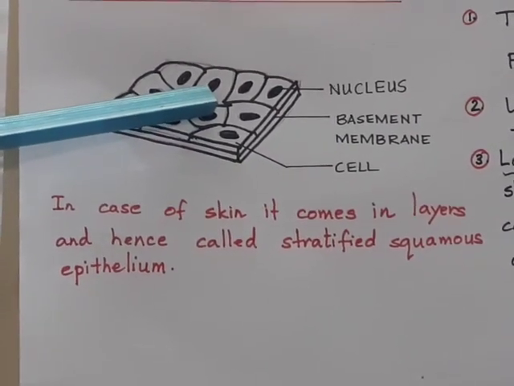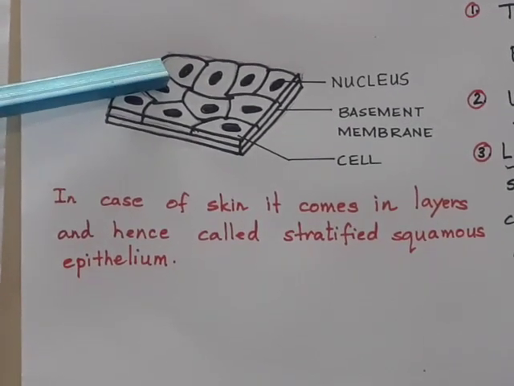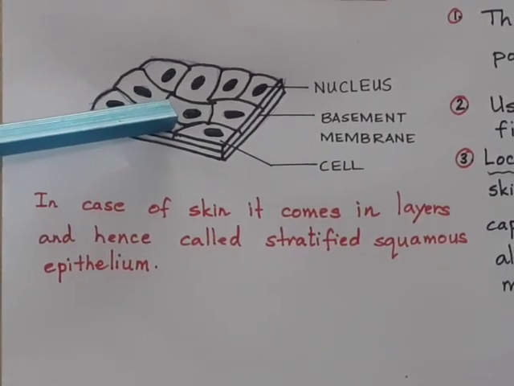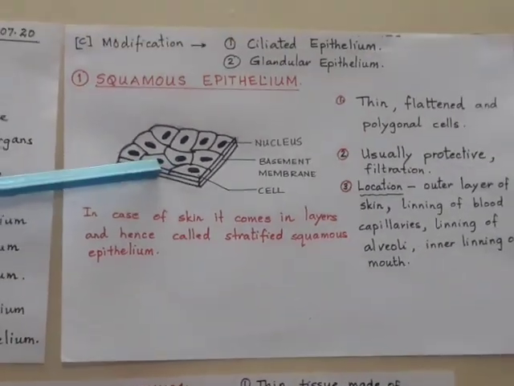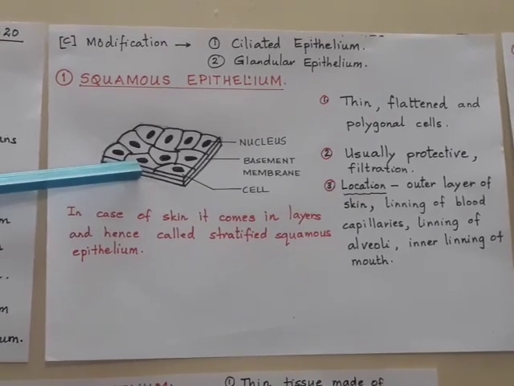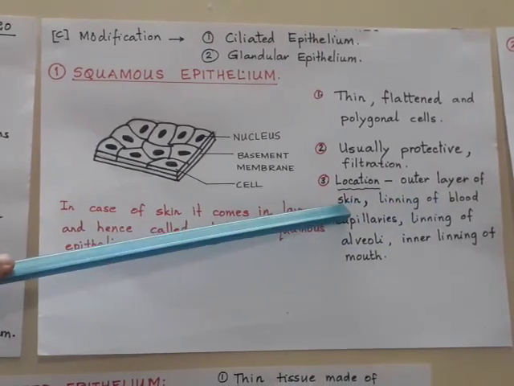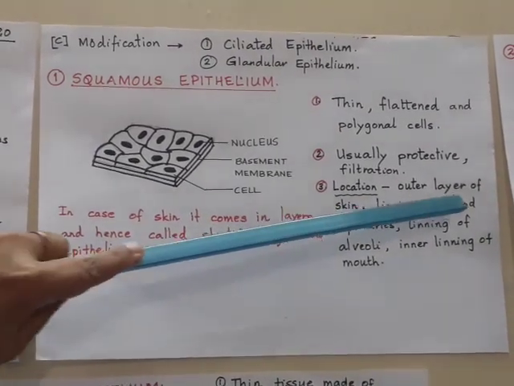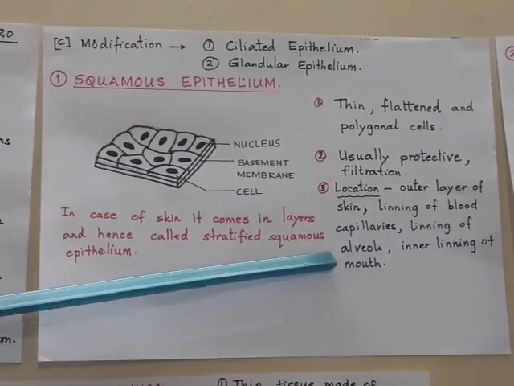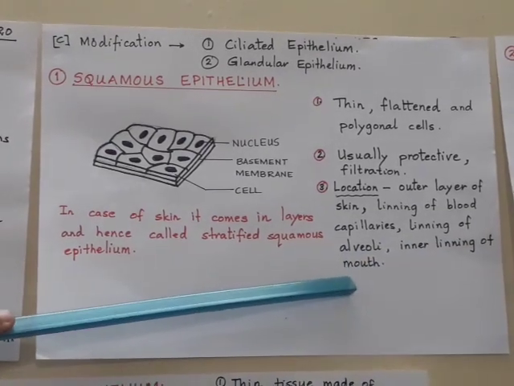They are usually protective and are even used for filtration. Now where are these squamous epithelial cells found? They are found in the outer layer of the skin, lining of blood capillaries, lining of alveoli, that is in the lungs, and inner lining of the mouth.